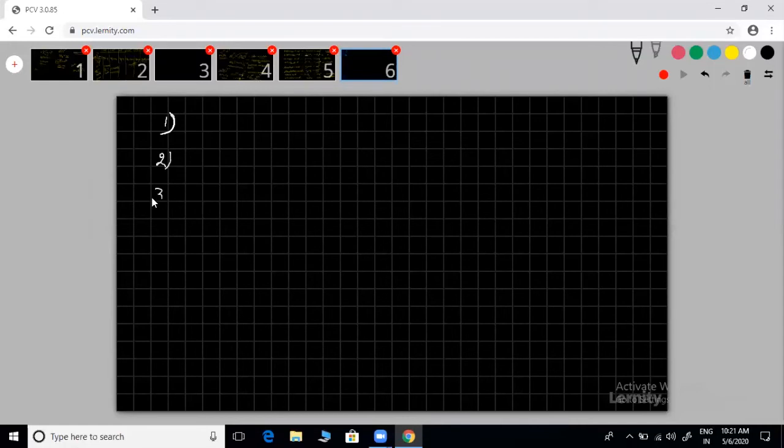Next, third one, silver nitrate. Silver nitrate. You can write these three first. Again, you can continue. These three can be completed.